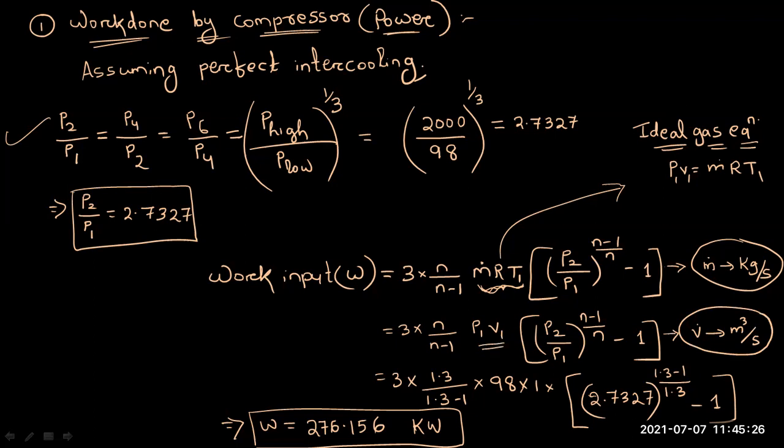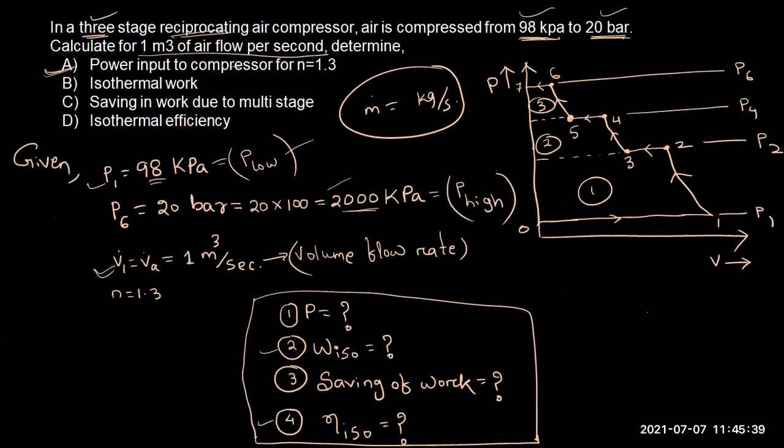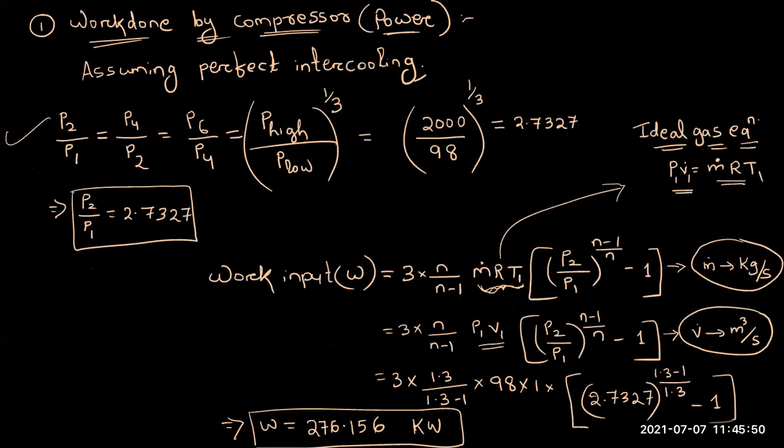Because according to the ideal gas equation, PV equal to mRT. Since in this question they have given a volume flow rate of 1 meter cube of air flow per second and the initial pressure, that's why in place of mRT1 I have taken this value.